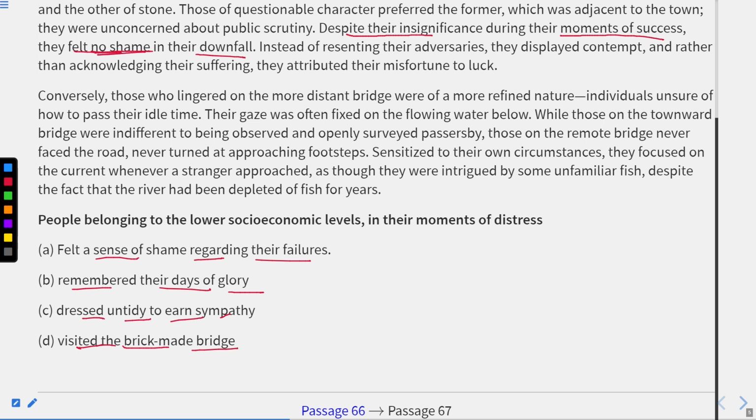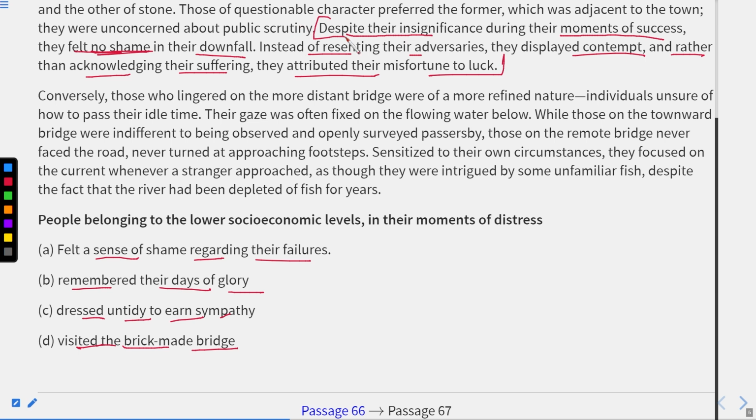Instead of resenting their adversaries, instead of cursing their adversaries, they displayed contempt. It means that it does not matter for them at all. They show that they do not find it bad, and rather than acknowledging their suffering, just showing their suffering, they attributed their misfortune to luck.